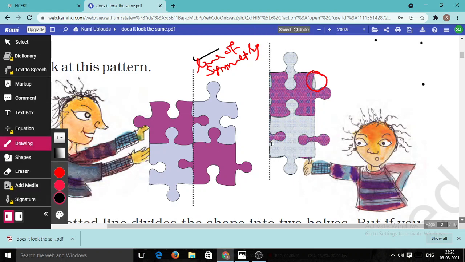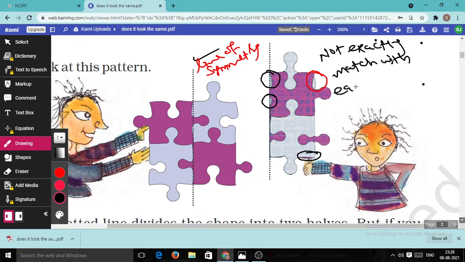Again, look at this portion carefully. Here the figure is not exactly matched with each other. Again here also. So these two figures are not exactly matched with each other.